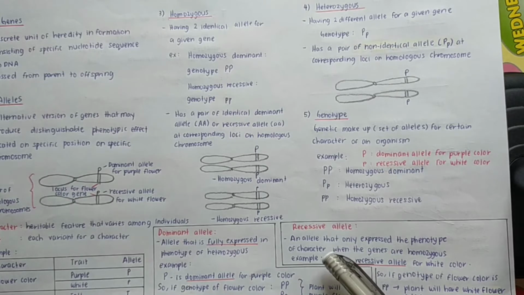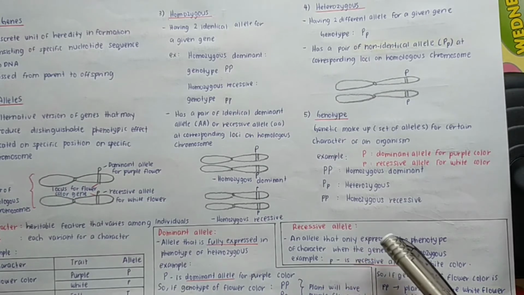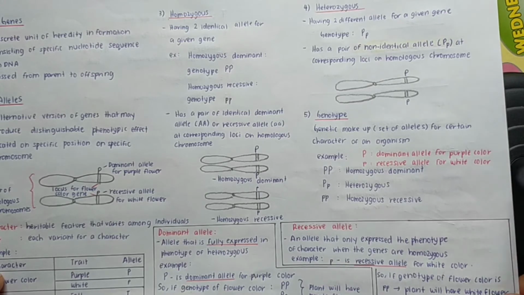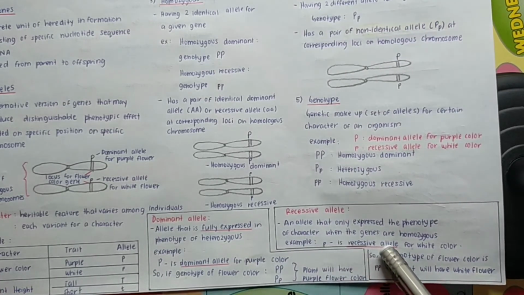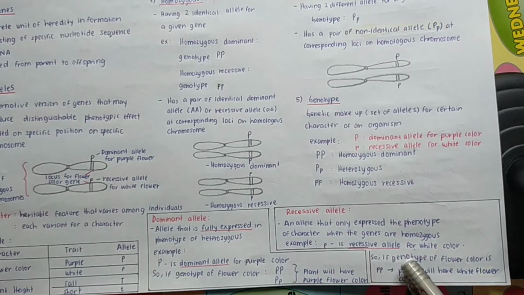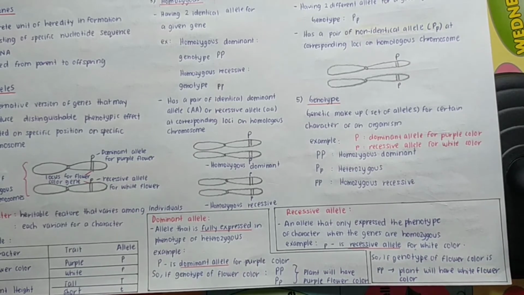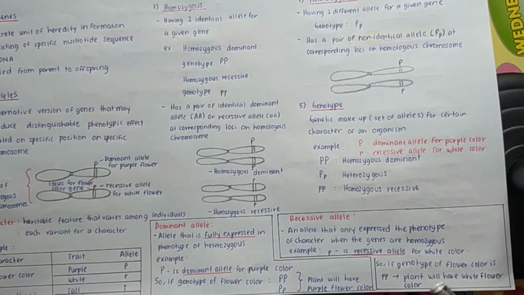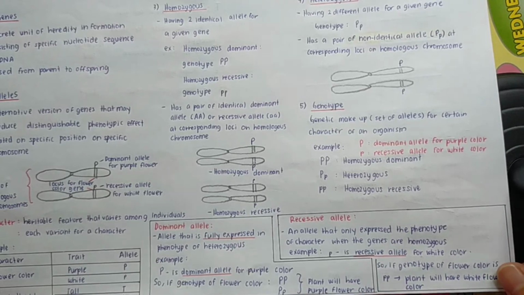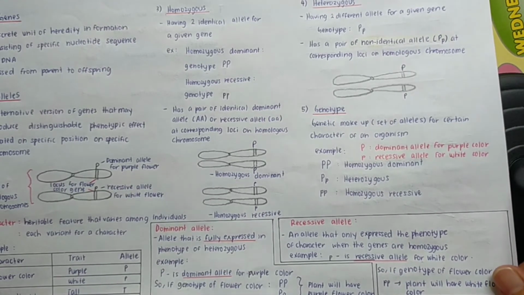So untuk dapatkan phenotype yang recessive, allele small p ni mesti kena ada dua, so dia akan jadilah P kecil P kecil. That's why if you look at here, small p is the recessive allele for white color. So if the genotype of flower color is homozygous recessive, awak tengok allele dia adalah P kecil P kecil, it means that the plant will have white flower color. So this is the difference between dominant allele and also recessive allele.